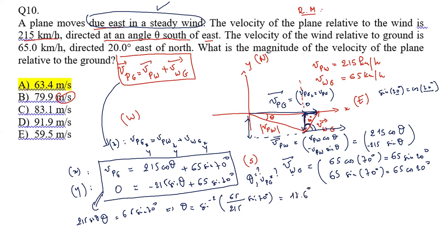I leave it in three significant figures. So once I get theta, which is 17.6, I will come in the first equation, basically along x, and plug it in to get my VPG. So your VPG will be just 215 cosine 17.6 degree plus 65 sine.